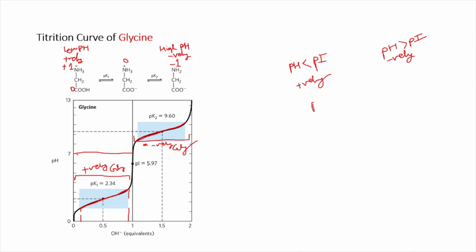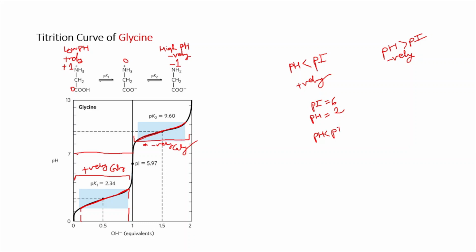Suppose the pI value of an amino acid is given to be 6, and the pH value is given to be, say, 2. Here, since pH is less than pI, obviously the positively charged form of the amino acid will prevail.